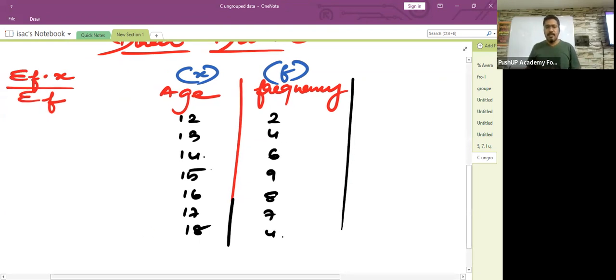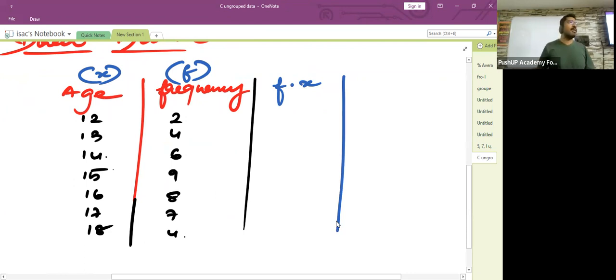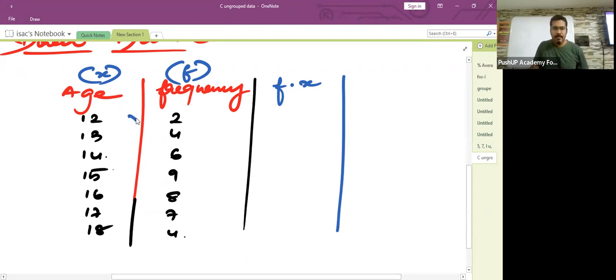Children, my next step is going to be this. Create a new column which will define all the values of f into x. As I said, I'll talk about sigma not now but later. First you find f into x. That means whatever variable you have, multiply it with its corresponding frequency.